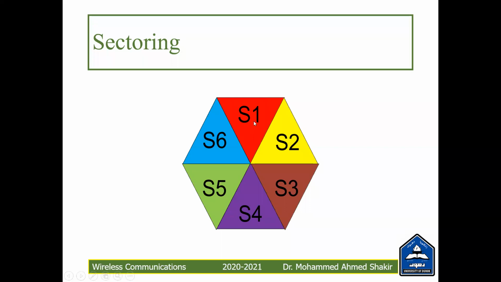Here we have 6 sectors in this example, S1, S2, S3, S4, S5, and S6. The whole number of channels given to this cell will be divided among the 6 sectors.